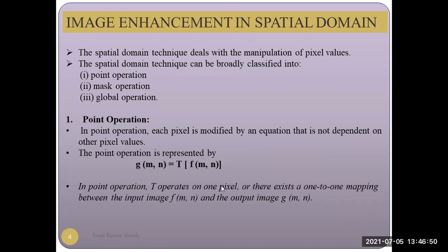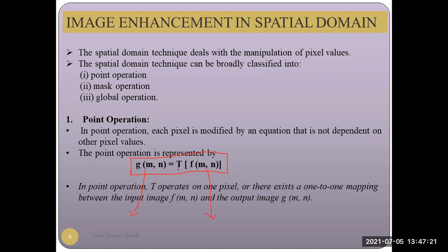Now this is the general form representation, where g of m,n is nothing but your transformed image, and m,n represents the actual coordinate. g of m,n is your transformed image, and this is my original image, f of m,n, the image at that position.